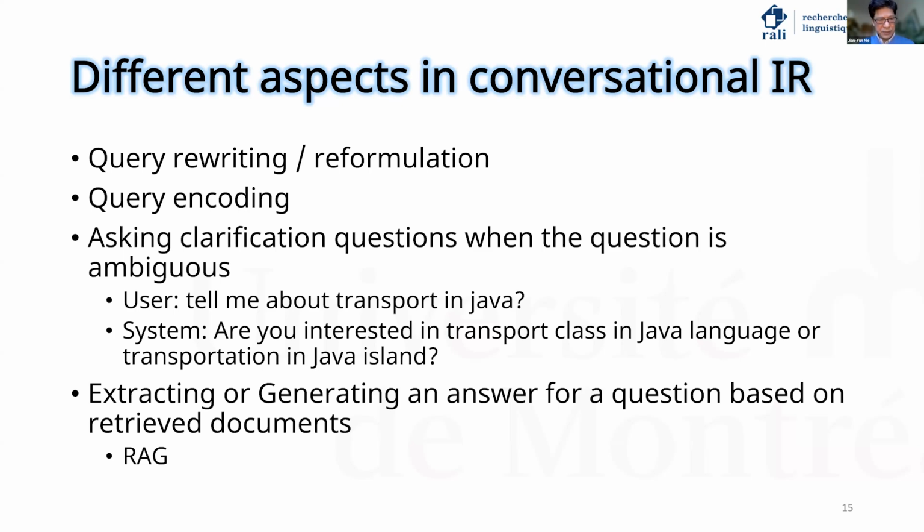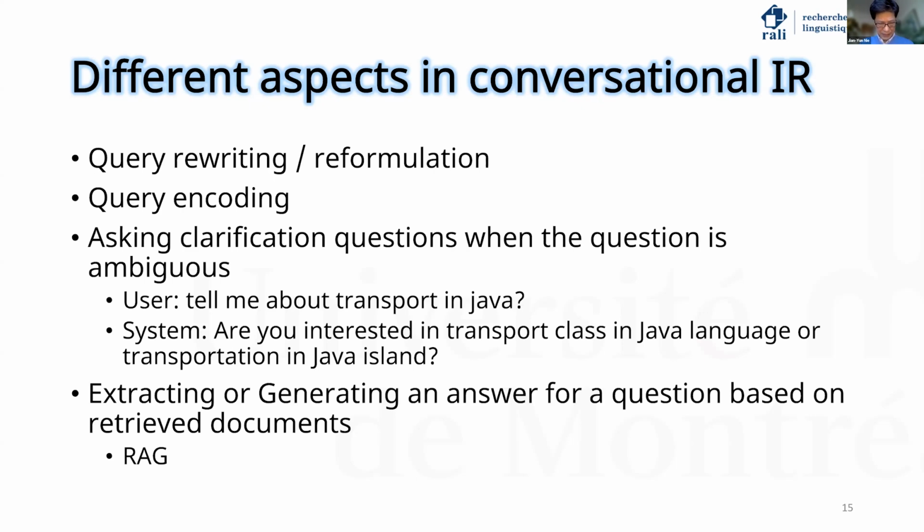And we also have another family of approach that tries to develop a new encoding method for query by integrating the conversation context. And there is also a lot of work, including the work in CIIR, to ask clarification questions when the question asked by the user is ambiguous.